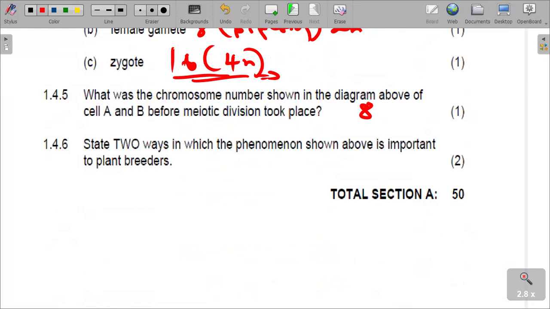State 2 ways in which the phenomenon shown above is important to plant breeders, which I already mentioned: that in agriculture, it results in larger plants being produced. It results in larger fruits.